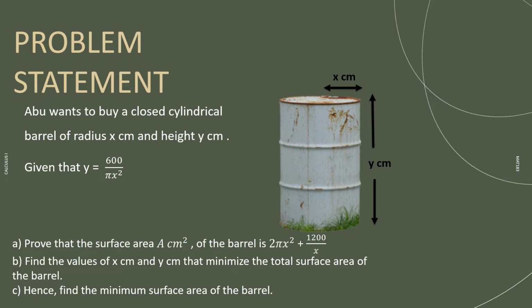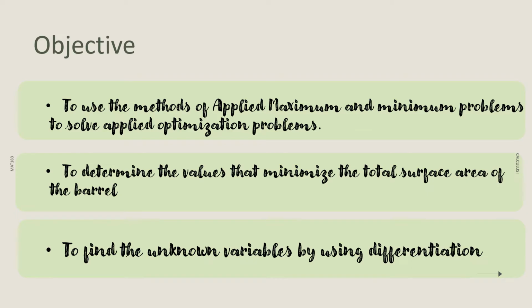Next, find the value of x centimeter, which is the radius, and y centimeter, which is the height, that minimize the total surface area of the barrel. Hence, find the minimum surface area of the barrel.